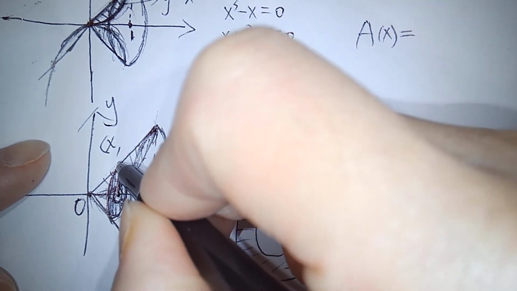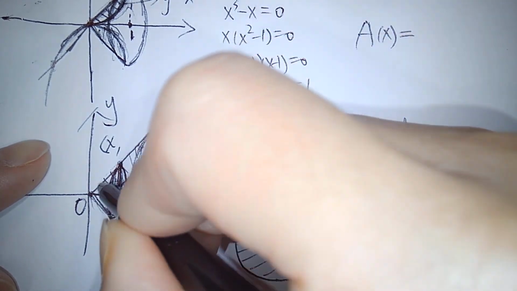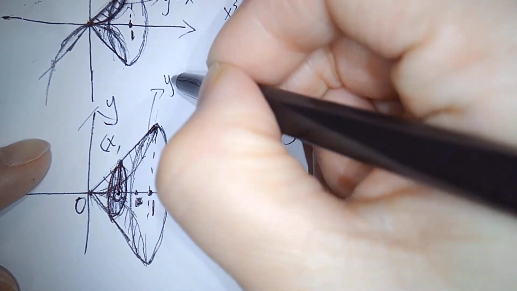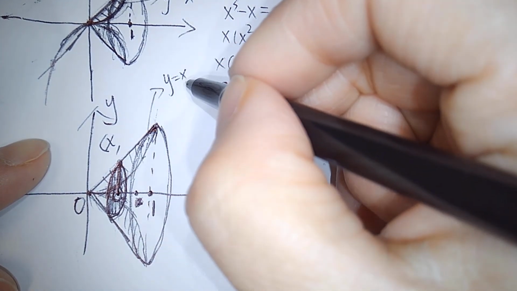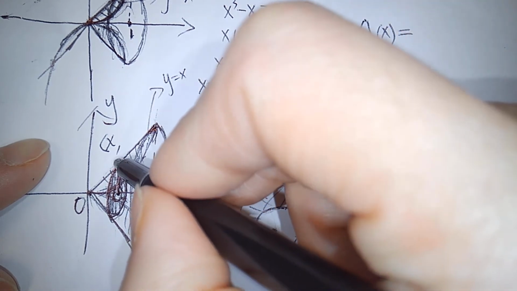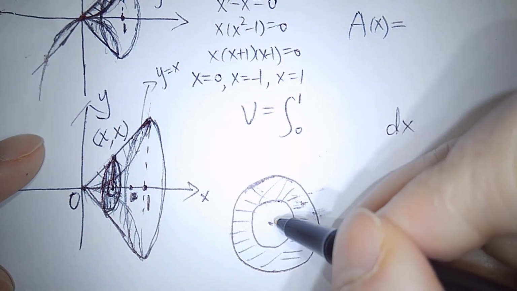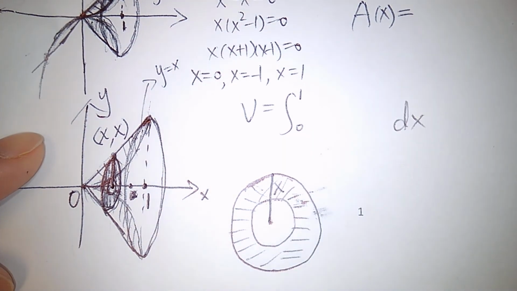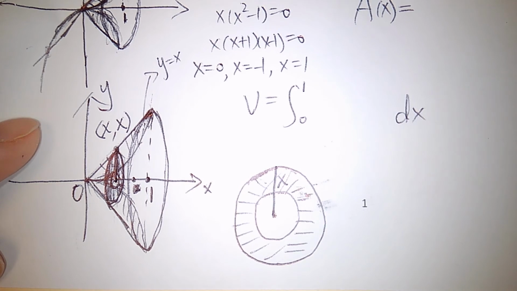This point must have coordinate, when x equals x, y equals what? What is the equation for this outer straight line? It is y equals x, remember? So when x equals x, y equals x. So the outer radius is x. That makes sense, guys?